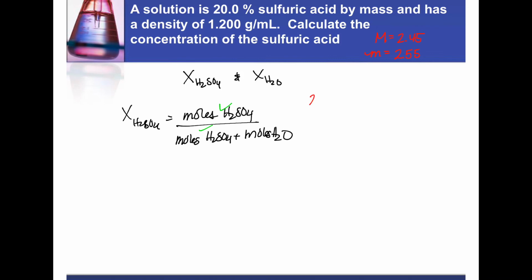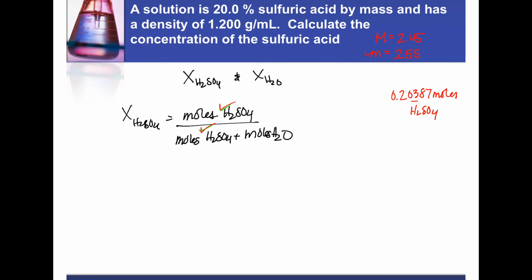We did our 20 grams divided by our molar mass, and we found that the moles of sulfuric acid was 0.203 to 3 sig figs. So we have that. So we have this top and part of the bottom. The thing we need to find is the moles of water.